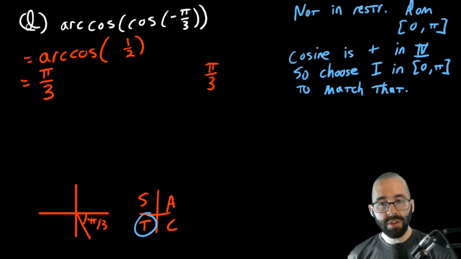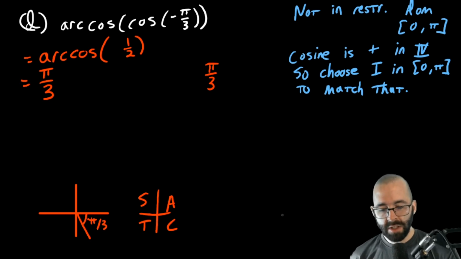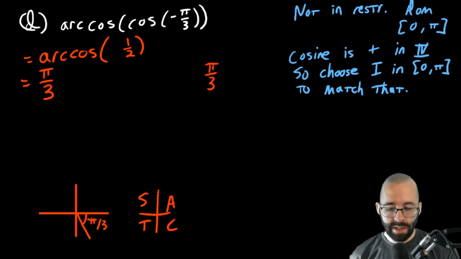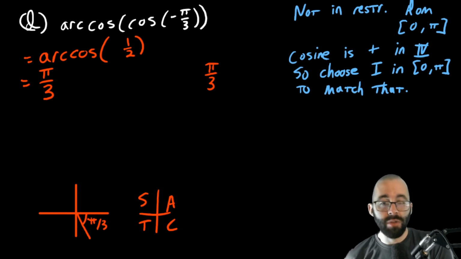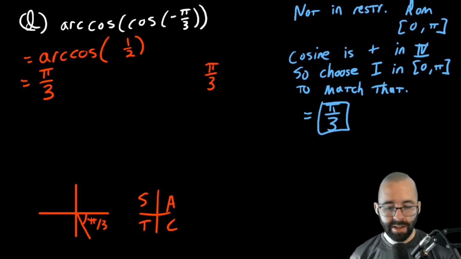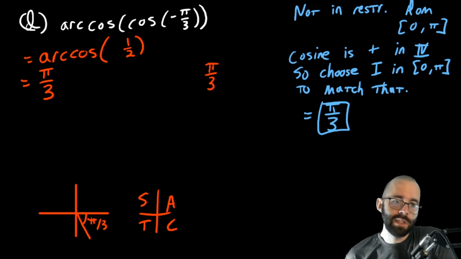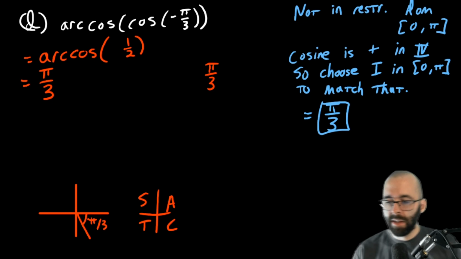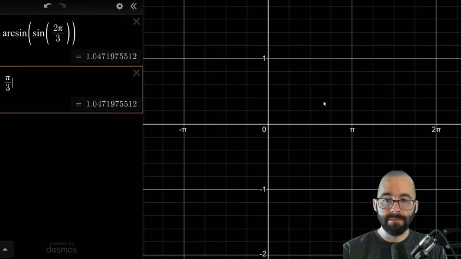If we had something in the third quadrant, we'd choose quadrant 2 in the restricted domain. So what angle in quadrant 1 has the same reference angle? The answer is pi over 3. Again, blue method really only shines when you are in the restricted domain.